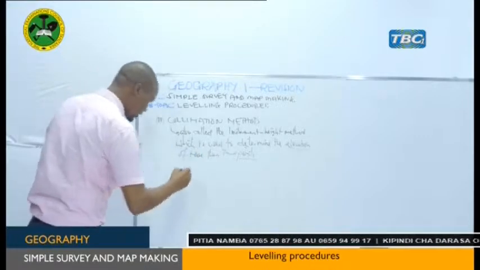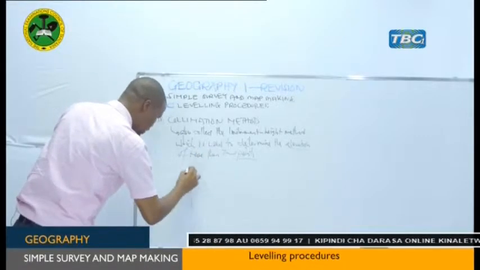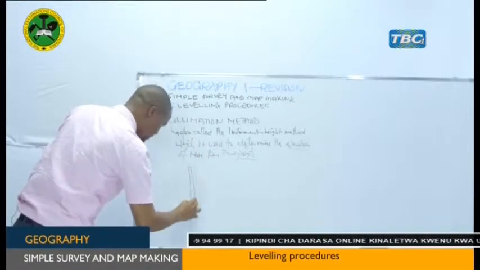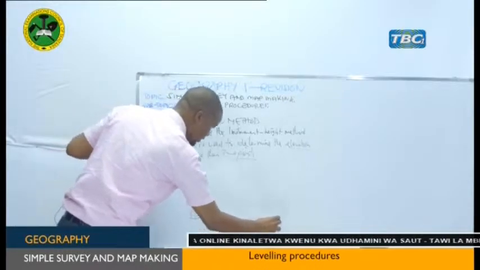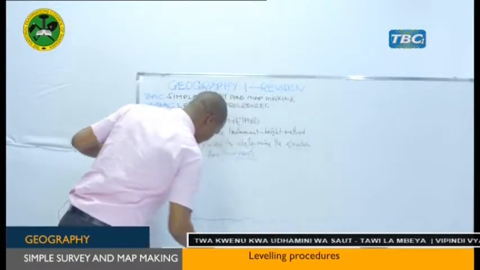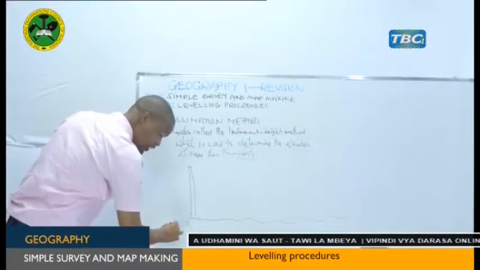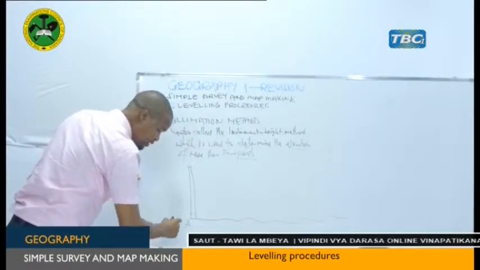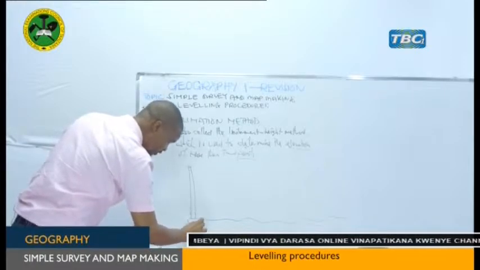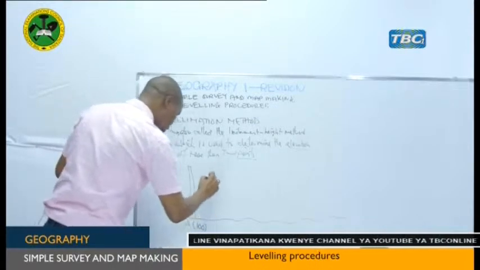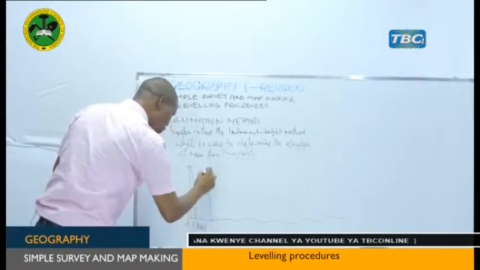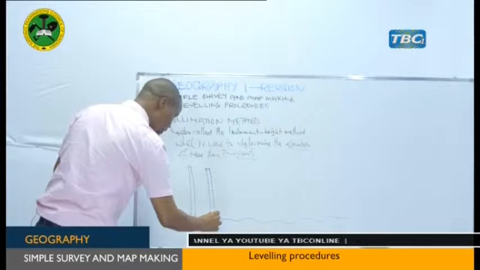Okay, so let's take an example. We will have the first leveling staff. For instance, let's say this is a land. Then we will have point A. As I said, this will be our datum point right here. Let's say we are given 100 meters from the mean sea level. Then we'll have the second leveling staff.